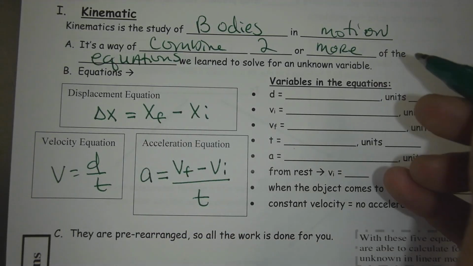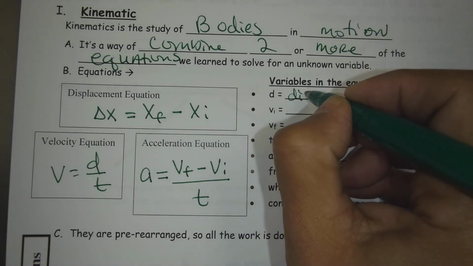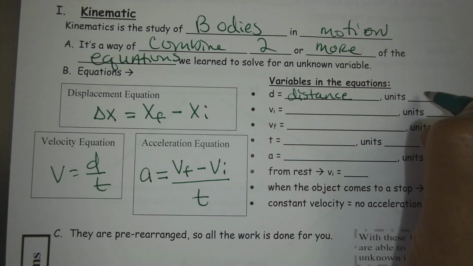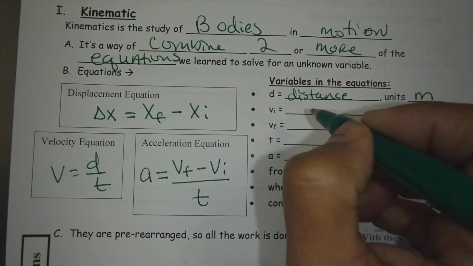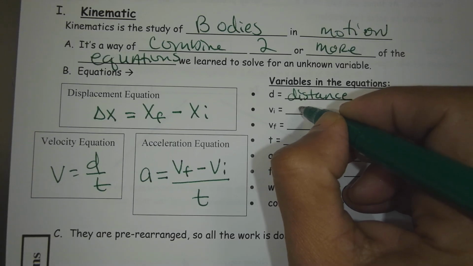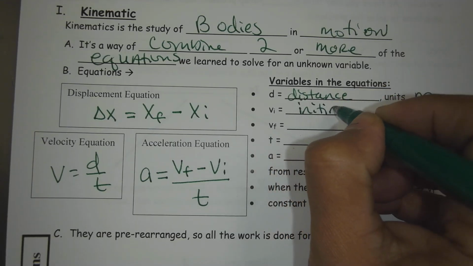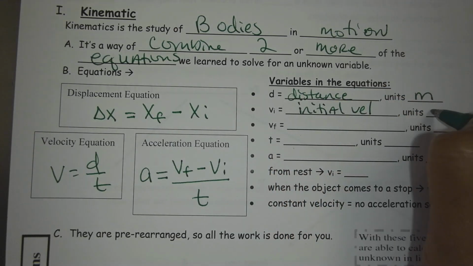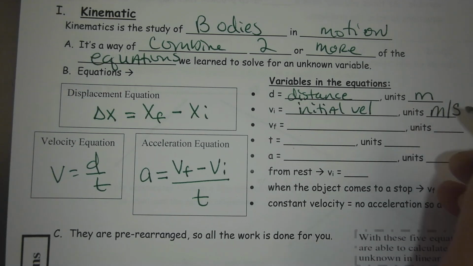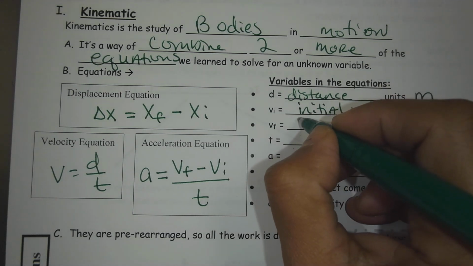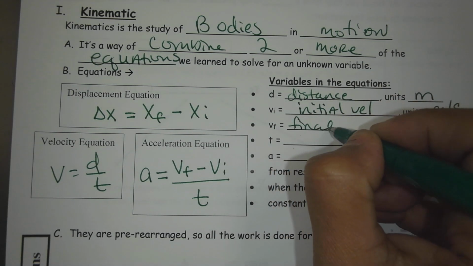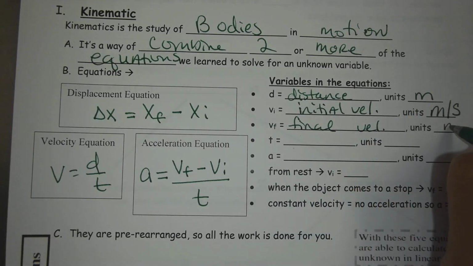We know that distance, we prefer it to be in meters, and Vi, which is our initial velocity, we prefer it also to be in meters per second. Vf, final velocity, we prefer it to be in meters per second.